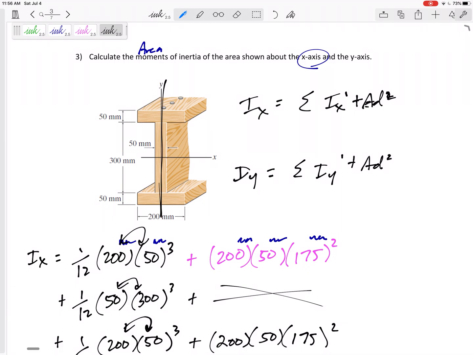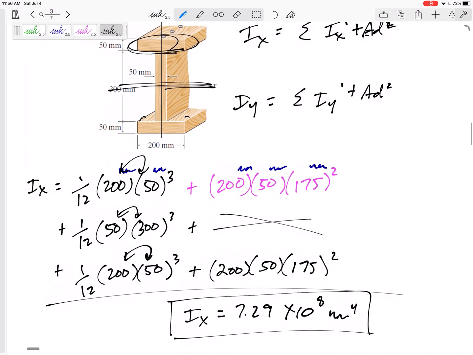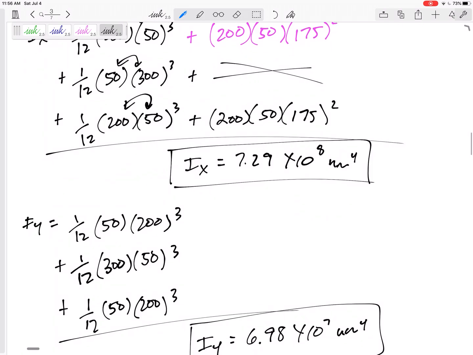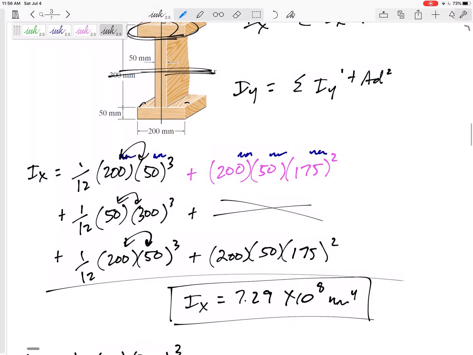It doesn't get too far away from the y-axis, as opposed to my x-axis, where I've got all this area that's 150 to 200 away from the x-axis. So yeah, many times you should be able to tell which one should be larger than the other.